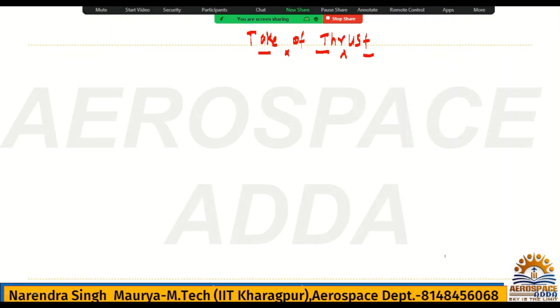That's the reason I told you static thrust is very important. And this takeoff thrust is basically a static thrust. So always remember, takeoff thrust defines the ability of aero engines to provide static and low speed thrust, so that the aircraft is able to take off under its own power.